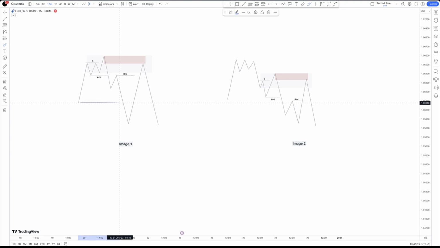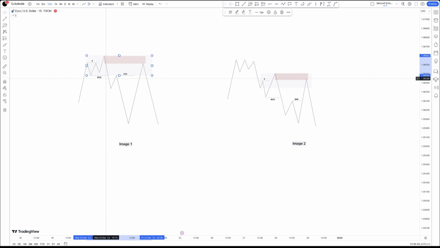This might be your BOS, this might be your CHoCH, depending on what scenario you're looking at in the markets. Now after that, this whole place where institutions did their magic is what we call a point of interest. It's very important to note that this whole place where institutions moved the money in the market is called a point of interest.